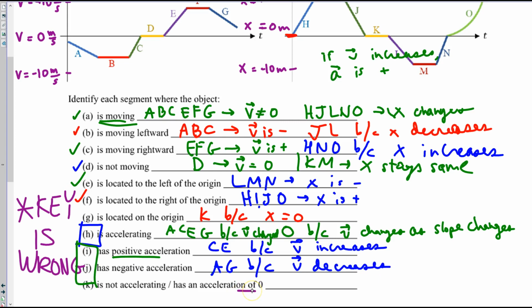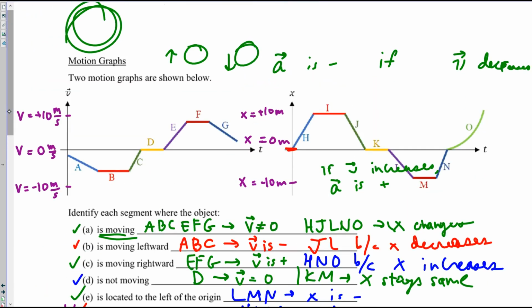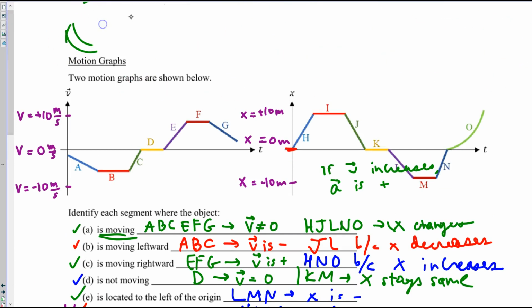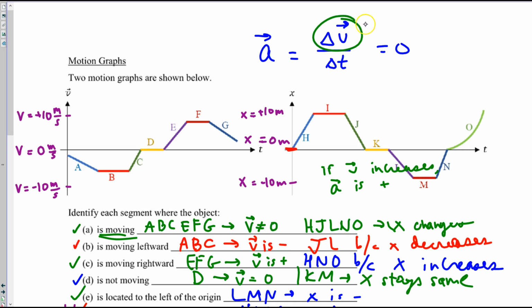Where is there zero acceleration? Well, let me think back to my rules, to my equations rather. Acceleration is zero if there is no change. If this is all zero, because the velocity doesn't change, that's how we get zero acceleration. Where do we see a velocity that doesn't change?